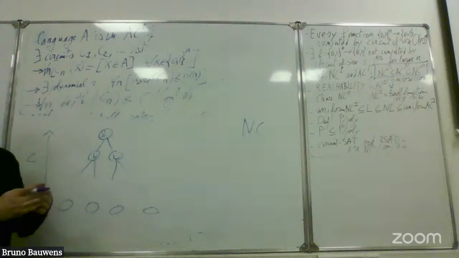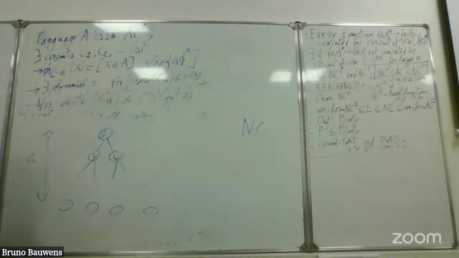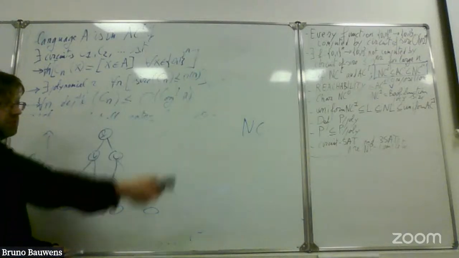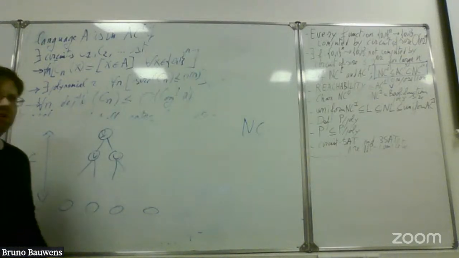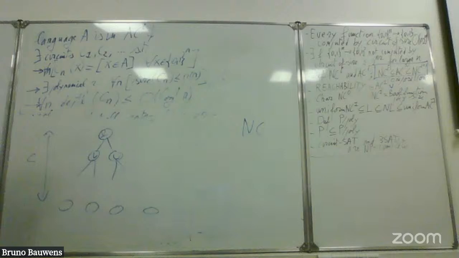When we make the circuit bigger, we can have different options, and so, like, every unary language is in NC0. For every constant C, we proved that such a circuit has a finite number of inputs.